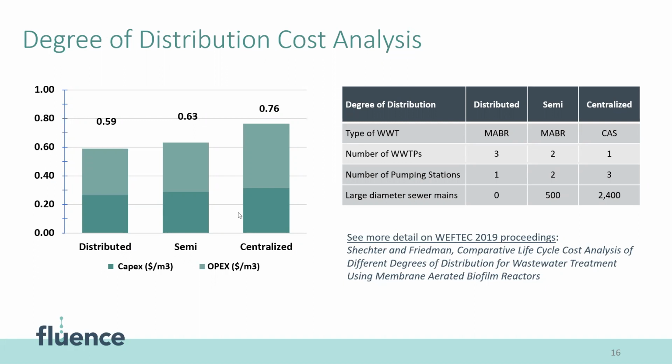We did the life cycle cost calculation per cubic meter, and we're seeing more than 20% difference per cubic meter in the cost between the completely distributed plan and the completely centralized plan, which is a big difference. Everyone will agree.